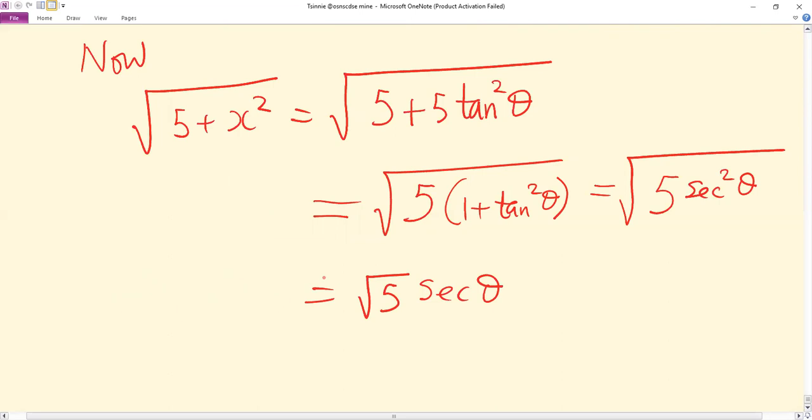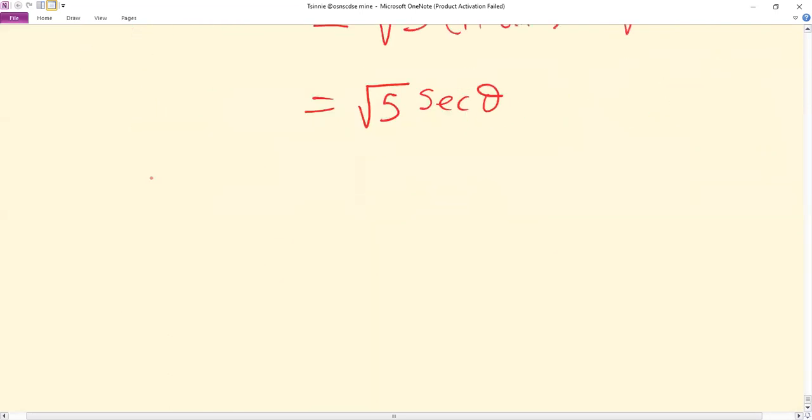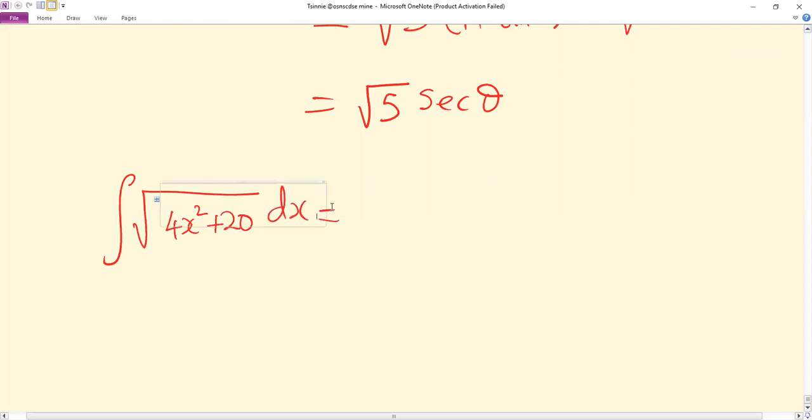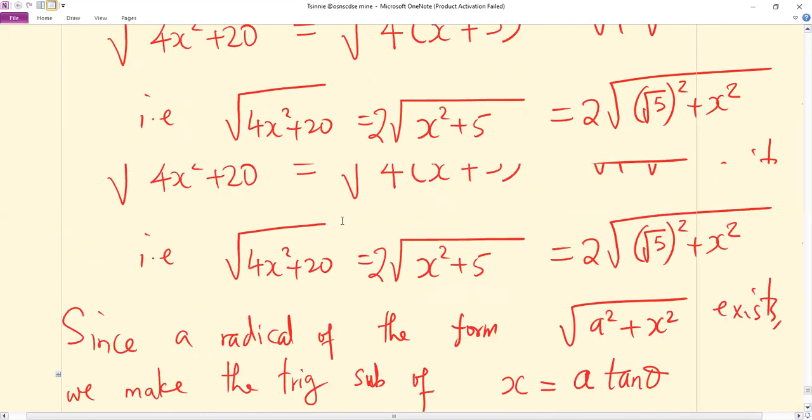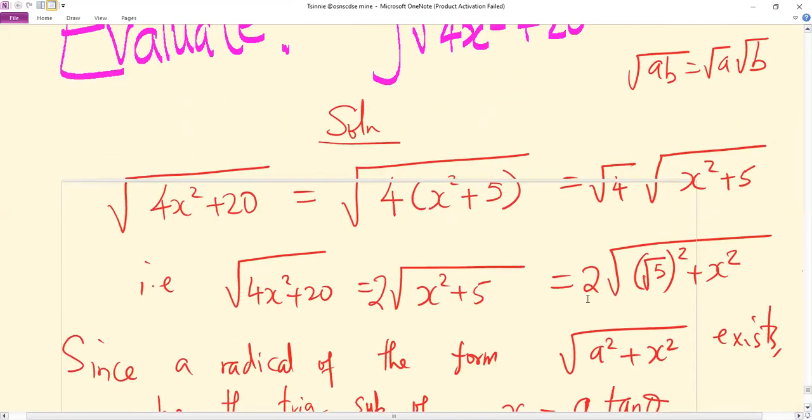Now with that, the integral of the square root of 4x squared plus 20 dx will be, now remember, before we got to the 5 plus x squared, we had a factor 2.